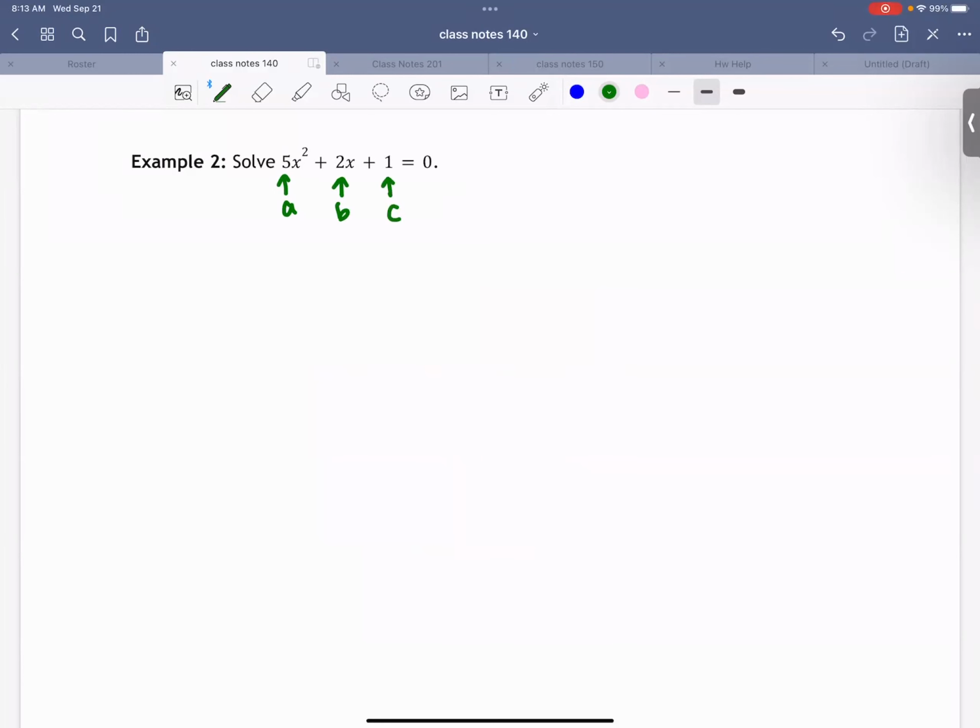Is there someone who can remind me of what the quadratic formula is? Amara? There's a 4. There's a square root.